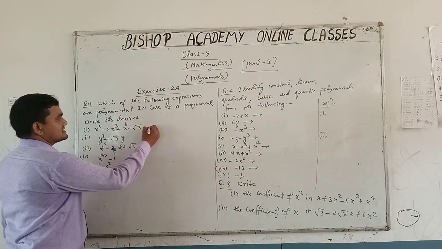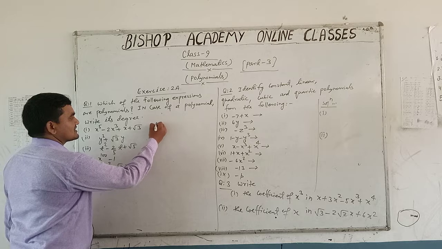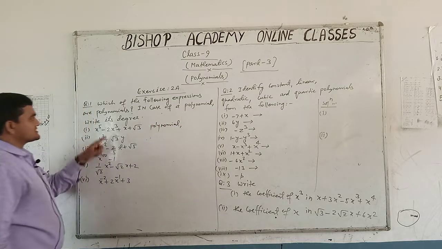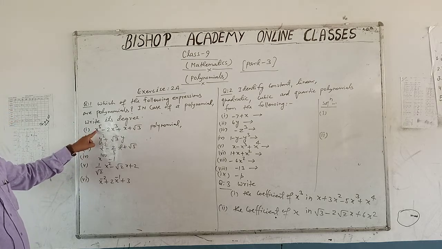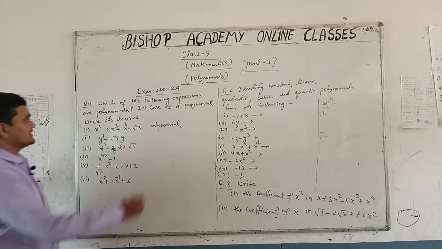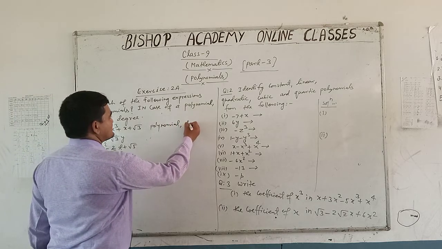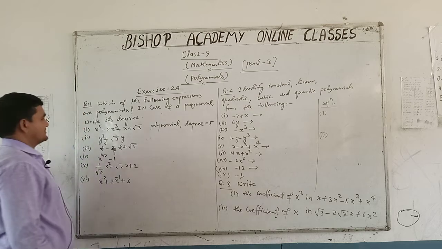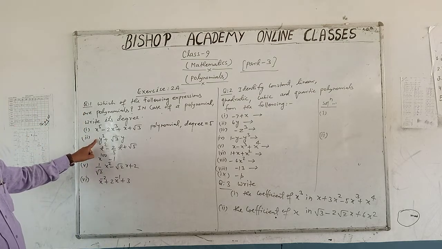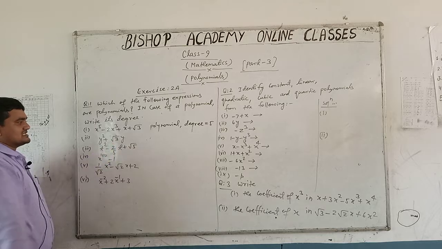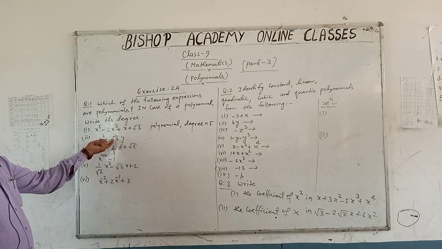Means it is a polynomial, and its degree is 5 because highest power of this polynomial is 5. Therefore, its degree is 5. Degree equal to 5.